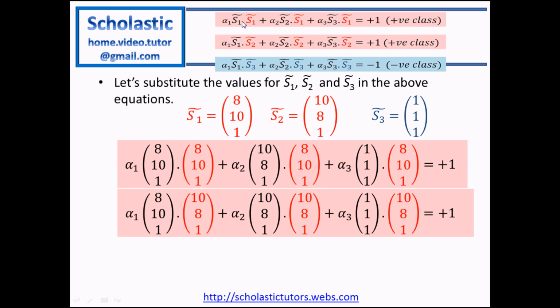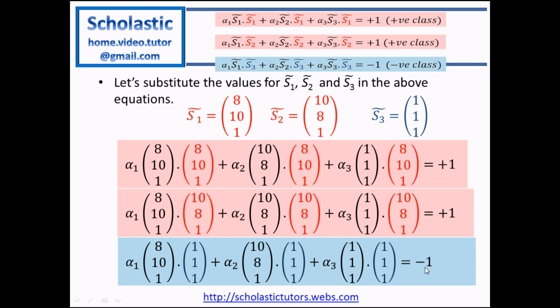What we have done here is substitute S1 as (8, 10, 1), then alpha 2 times S2, (10, 8, 1), with S1 (8, 10, 1), plus alpha 3 times (1, 1, 1) with S1 (8, 10, 1). Similarly we substitute there. This is for the red class, plus 1 here and plus 1 here, and for the blue class we get the same kind of equation. So we have 3 equations here. Now our task is to simplify these equations by multiplying them.